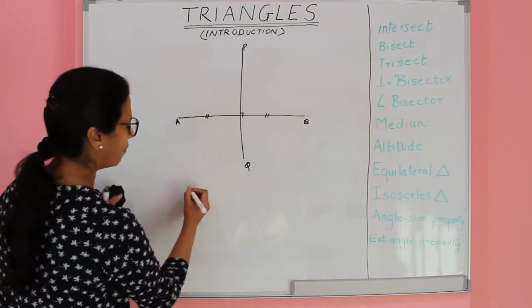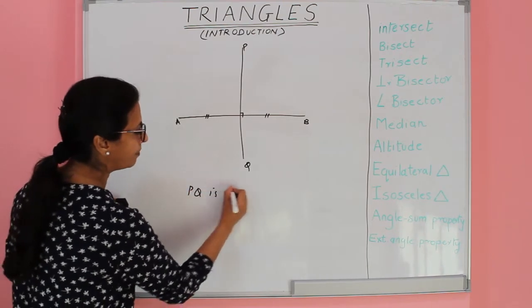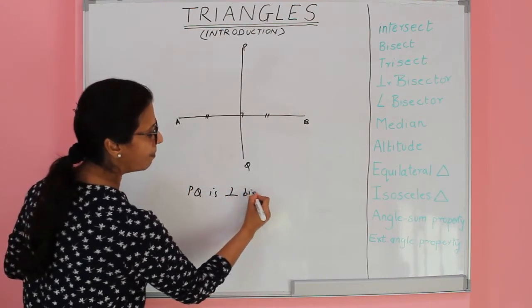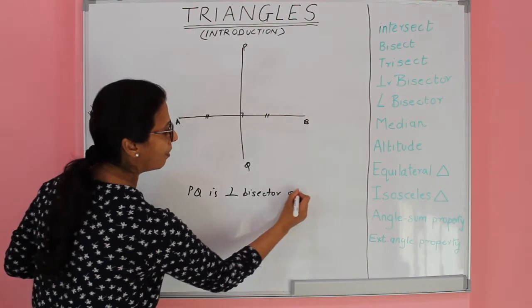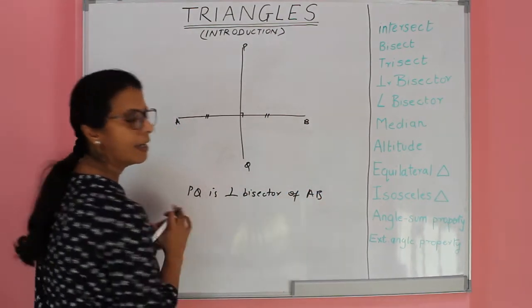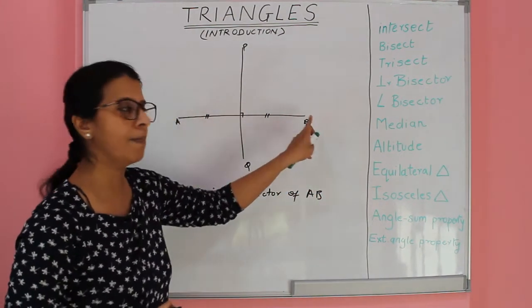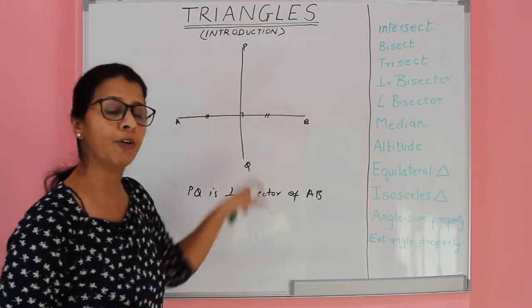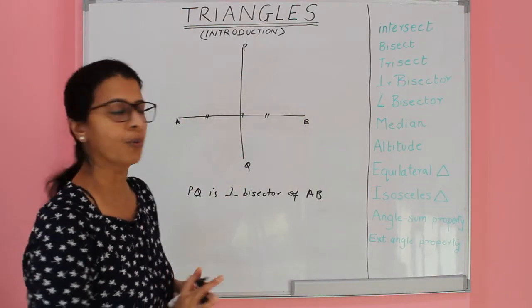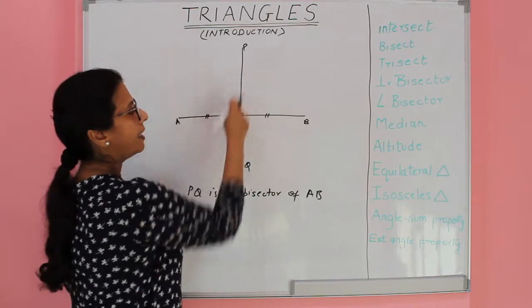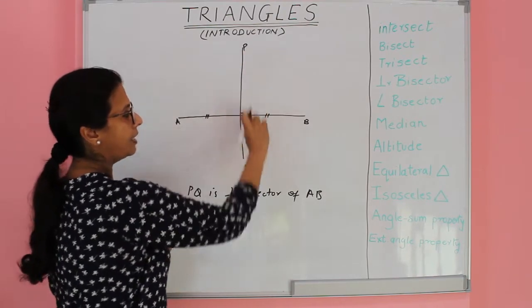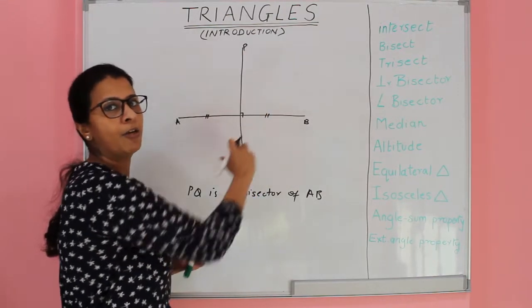Now I have mentioned the word over here. PQ is perpendicular bisector of AB. Is AB a perpendicular bisector of PQ? We do not know. AB can cut this PQ, maybe this might be 5 cm, this may be 3 cm. It may not be equal.